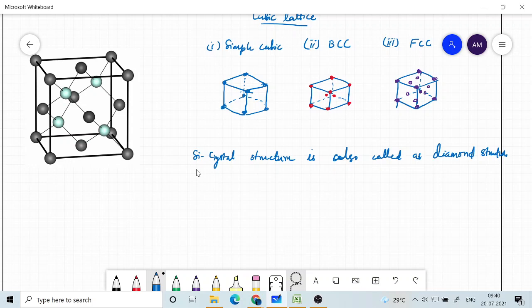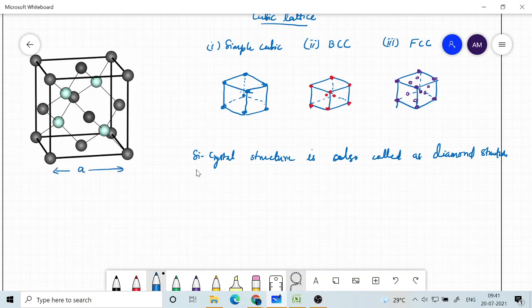Okay, so as you can see, if I compare it with the FCC which I have drawn, all these black atoms are representing the FCC lattice, and in addition to the FCC lattice, you have a second FCC lattice which is basically interpenetrating the first FCC lattice such that the first lattice is displaced from the second lattice by a vector a by 4, a by 4, a by 4, where a is basically this distance.